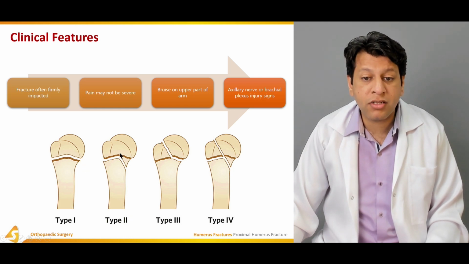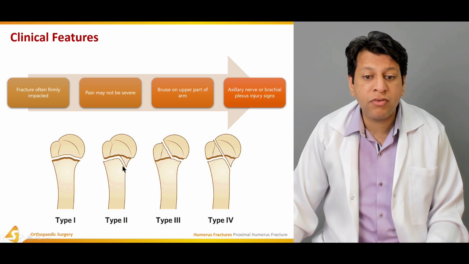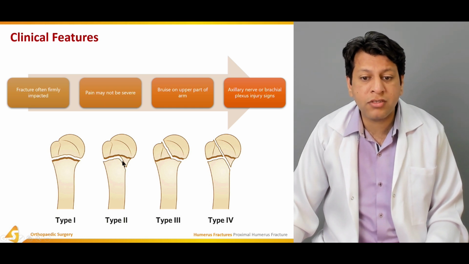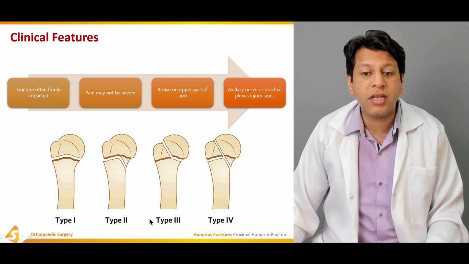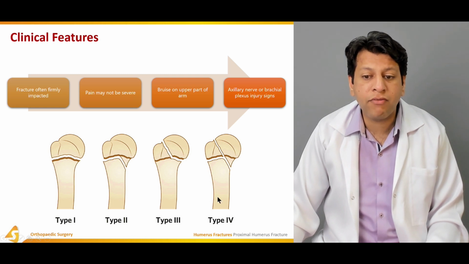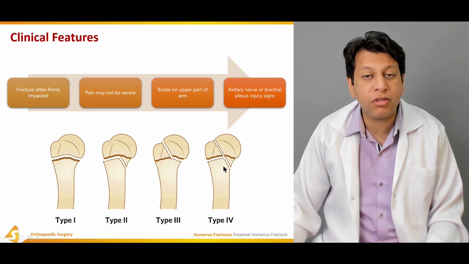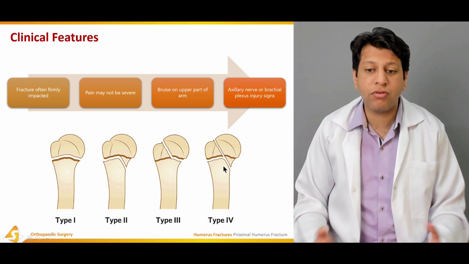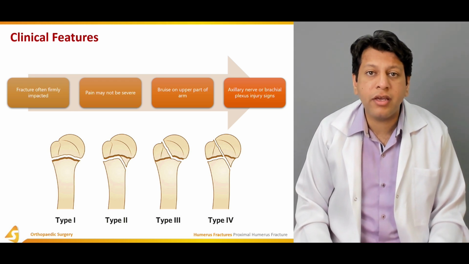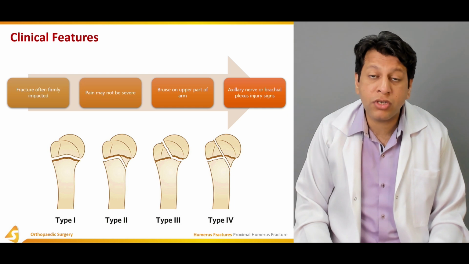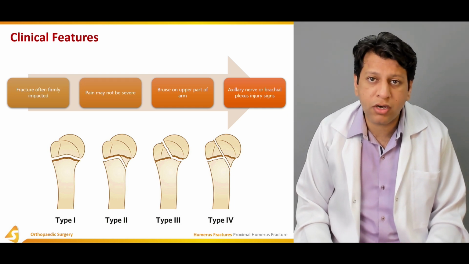Type 2 is when the fracture line goes from the physis into the metaphyseal region. Type 3 is when it involves the articular site in the epiphysis. Type 4 is when it involves the physis, epiphysis, as well as the metaphysis. So this is how it is mainly divided, and that's the Salter-Harris classification, which is a generalized classification for other bone fractures as well.